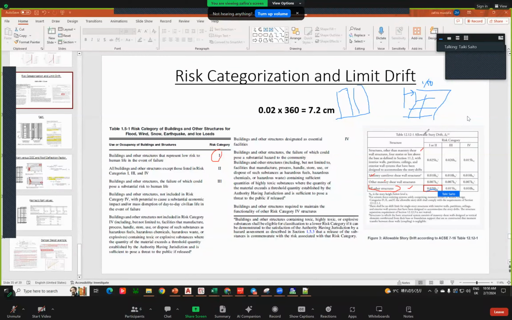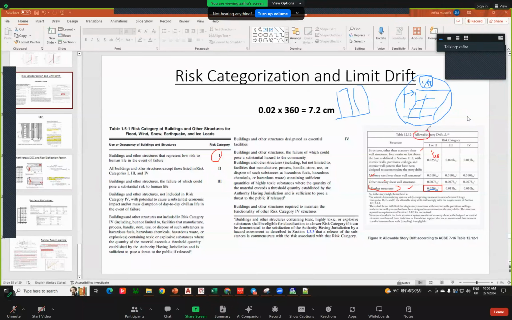Yes, Sensei. I think 1/50 is still big, because if you push a building to 1/50 in 3D, you will have so much damage. That's true also. Why is this value so large? I don't know.